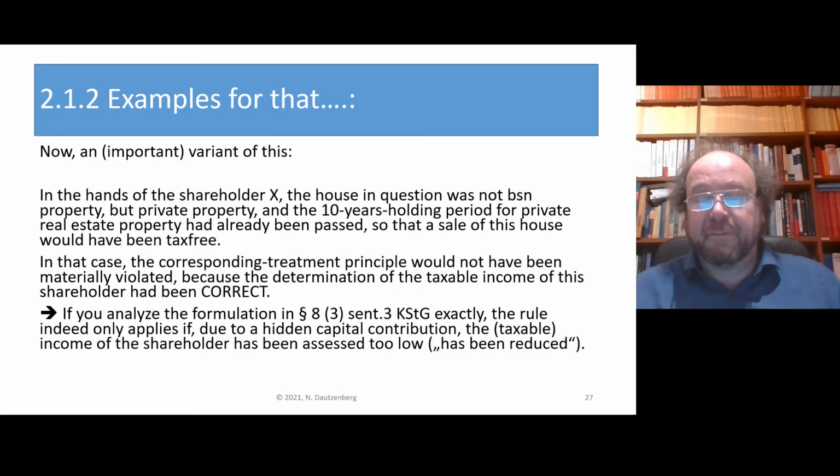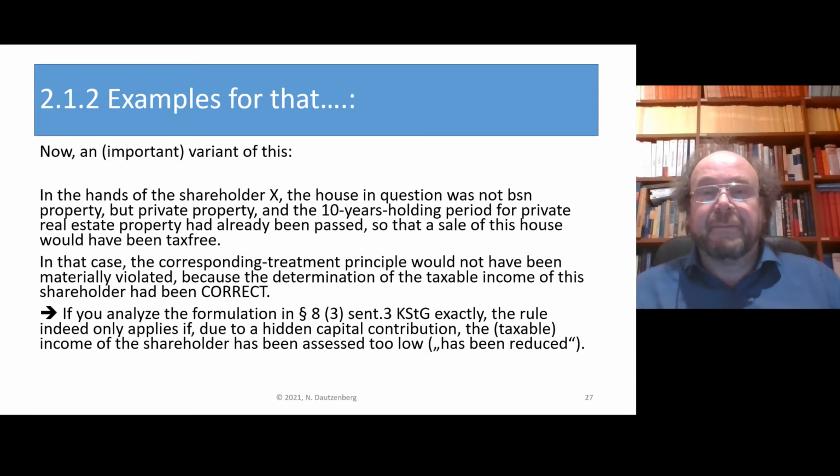That is the reason why in 8.3 sentence 3 AStG you find the corresponding treatment principle formulated in a way that the hidden capital contribution is reclassified into taxable profit if the income of the shareholder has been assessed too low, and that means the taxable income.